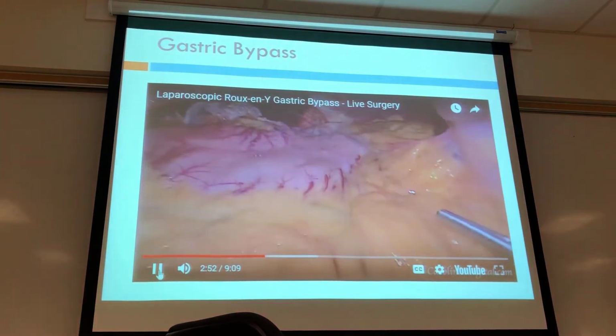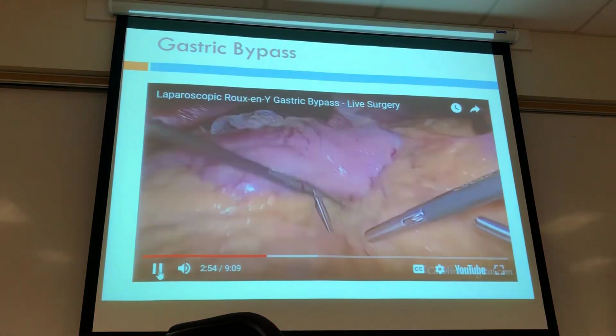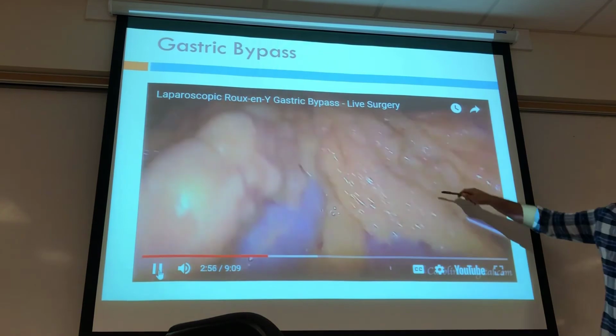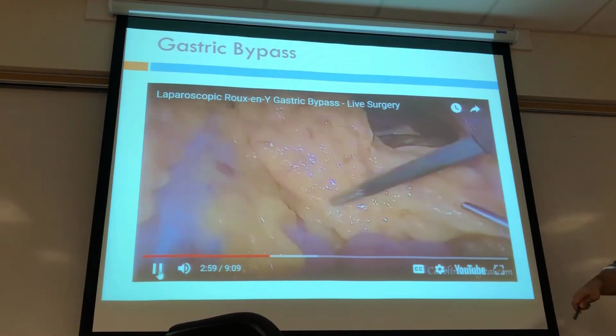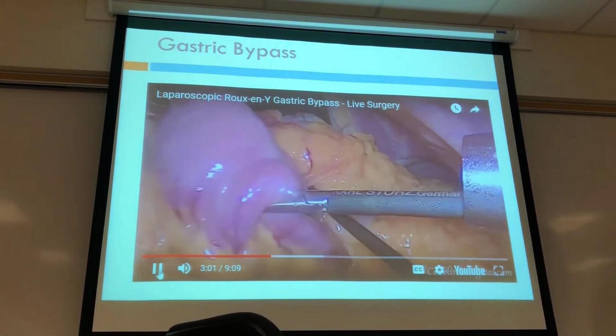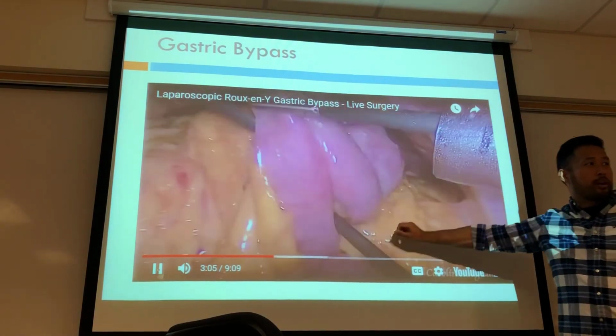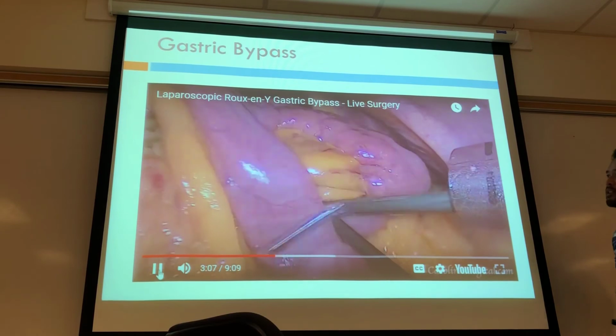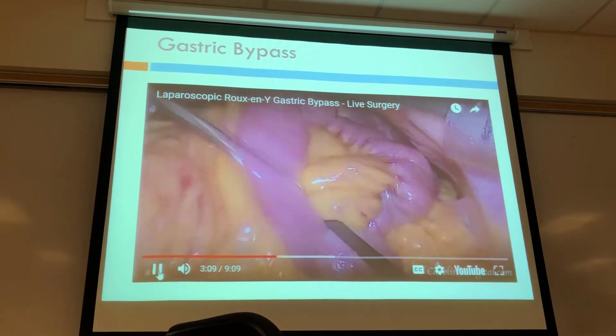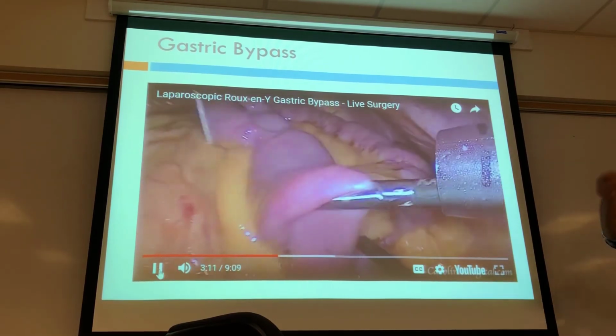Next, we're going to go down below. Here you can see the layers of fat. They now call it the mesentery. It's actually now considered an organ. They just named it an organ. Here they're going through and measuring the small intestine.